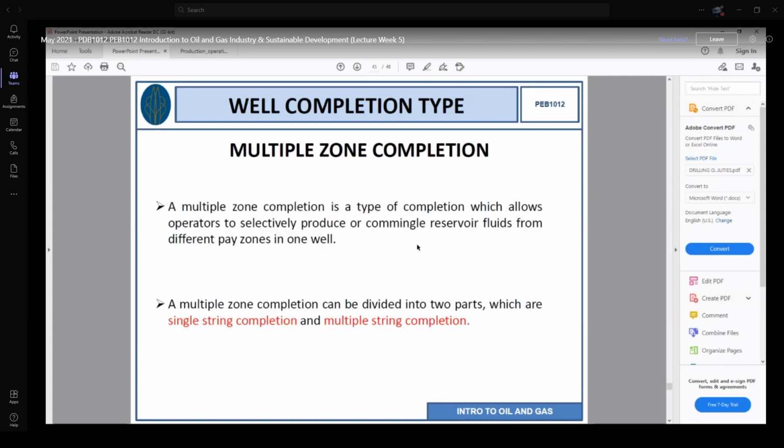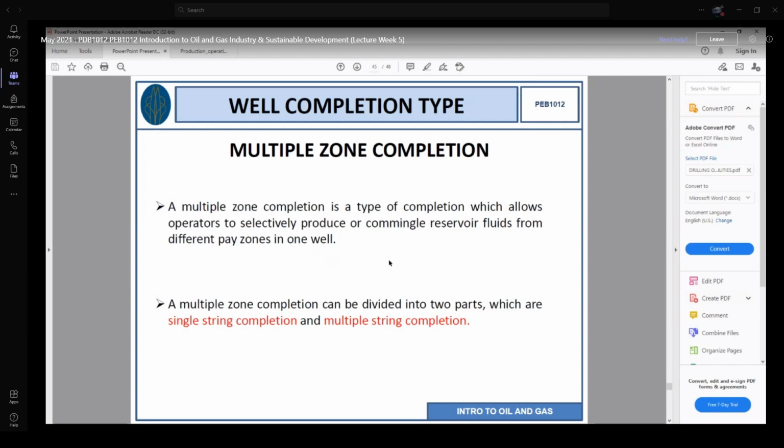So we have multiple zone completion. Multiple zone completion means completing different sections in the reservoir, right? If we want to commingle all this fluid into one tubing string or one section, we call it a commingled flow.